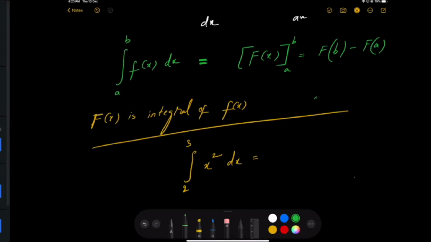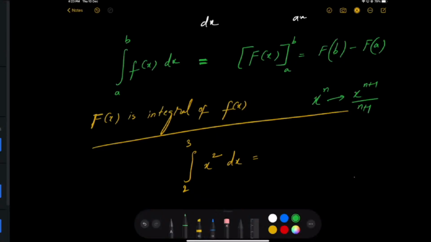So x power n's integral is x power n plus 1 by n plus 1. See, what was the derivative of x power n? It was n into x power n minus 1, right? But the integral is different. Integral is x power n plus 1 by n plus 1.